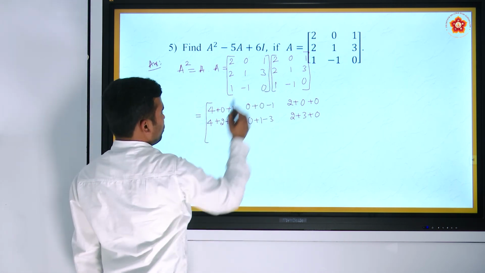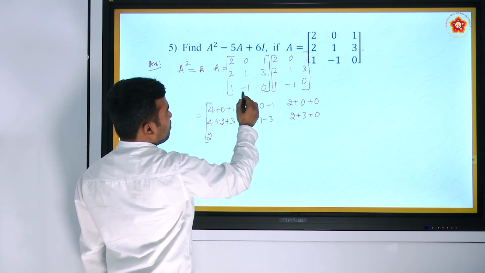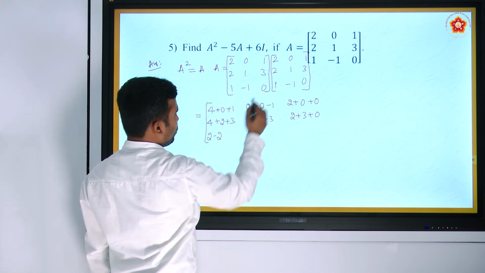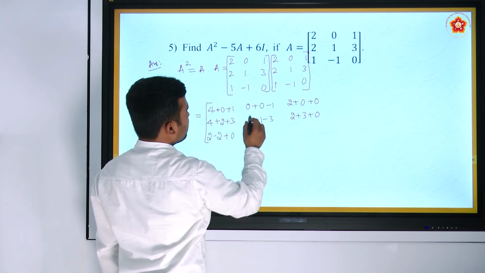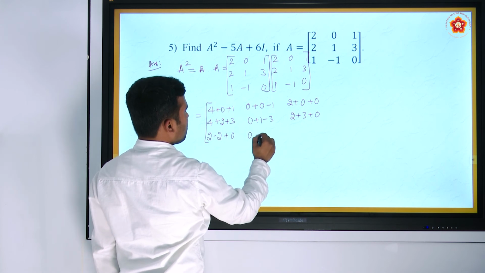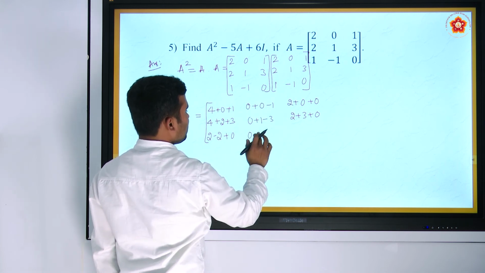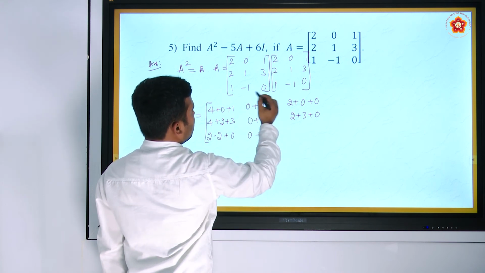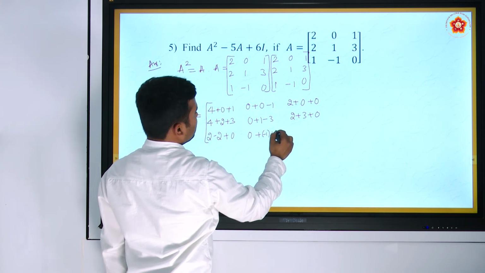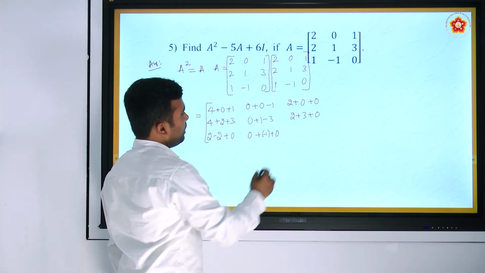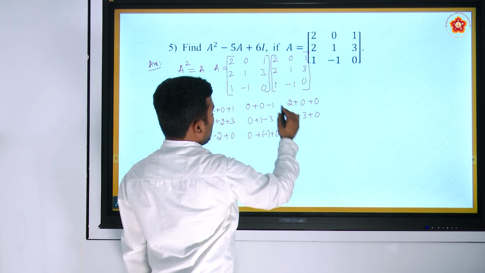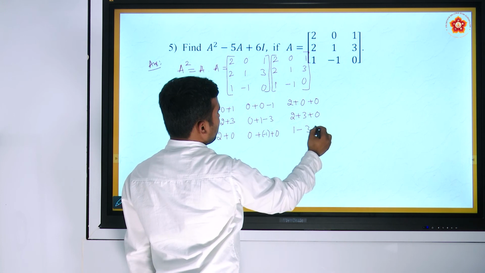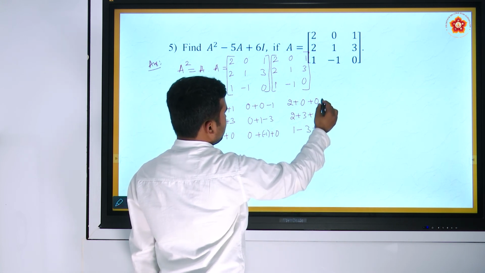Next, 1 into 2 is 2 plus minus 1 into 2 is minus 2 plus 0 into 1 is 0. Next, 1 into 0 is 0 plus minus 1 into 1 is minus 1 plus 0 into minus 1 is 0. Next, 1 into 1 is 1 plus minus 1 into 3 is minus 3 plus 0 into 0 is 0.